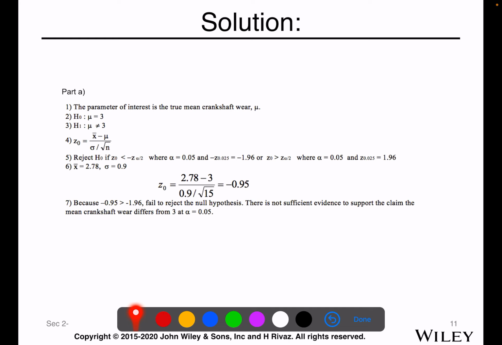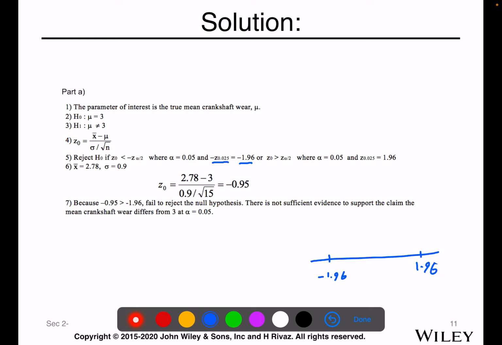So basically, we can solve this problem in two different ways. The first way we can solve it, we know the critical range is between, remember that z of 0.025 is 1.96. So we can say minus 1.96 and plus 1.96.